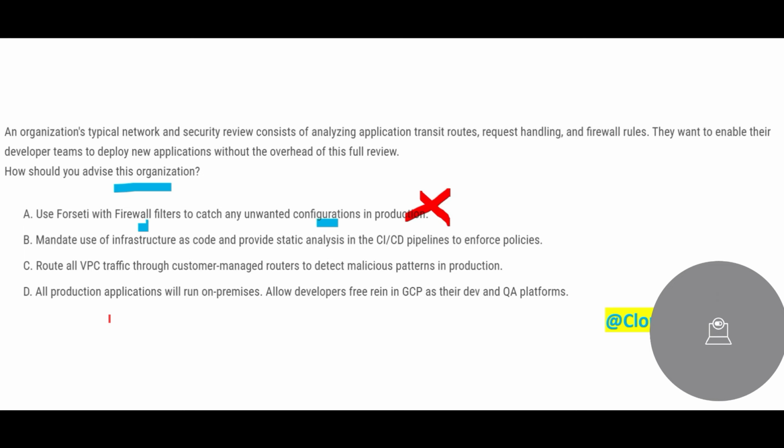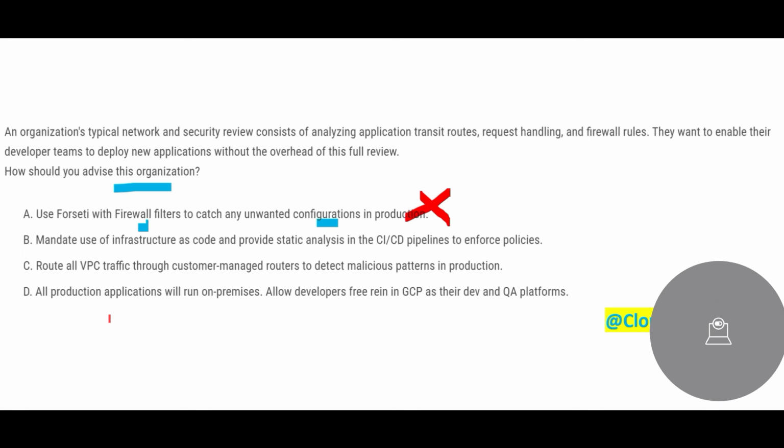Now D, so stupid. They are saying forget GCP for production, keep it on premises only. See, such options cannot be answered in a certification. Any AWS, Google, Azure certification is all about understanding cloud features, not about let's go back to the Stone Age.